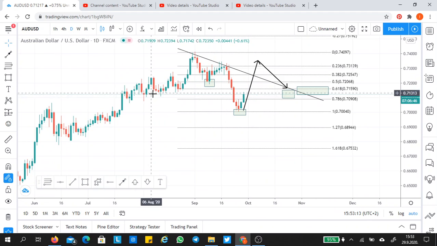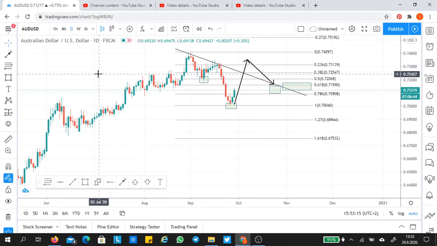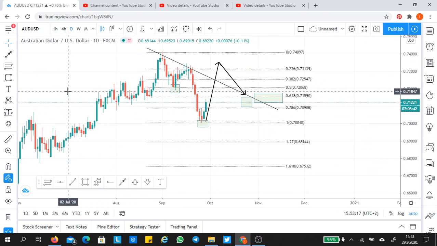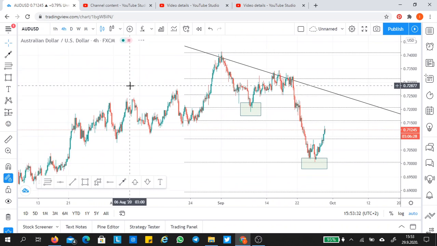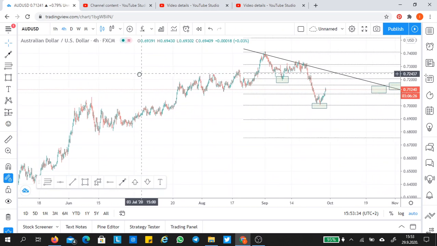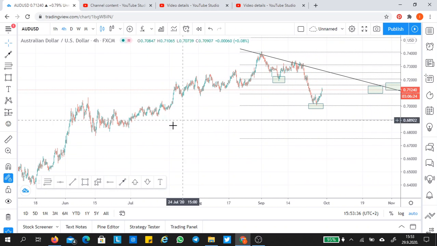But watching the daily or the 4-hour chart, which is some sort of a daily, you can more clearly see the consolidation areas, and I prefer just looking at a 4-hour chart and zooming out and watching the market moves.